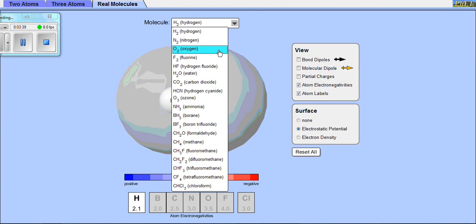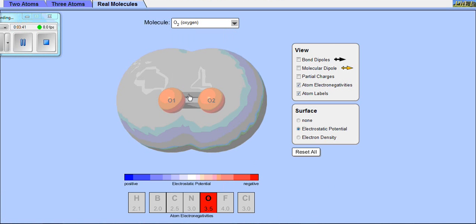If we take oxygen as an example, we see that the oxygen has a double bond between the two oxygen atoms, and the electronegativity of oxygen is 3.5, and again here we see that the electrons are evenly shared between the two oxygen atoms, which makes it a nonpolar molecule.